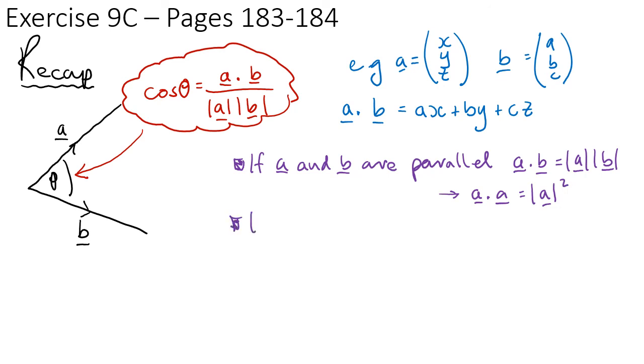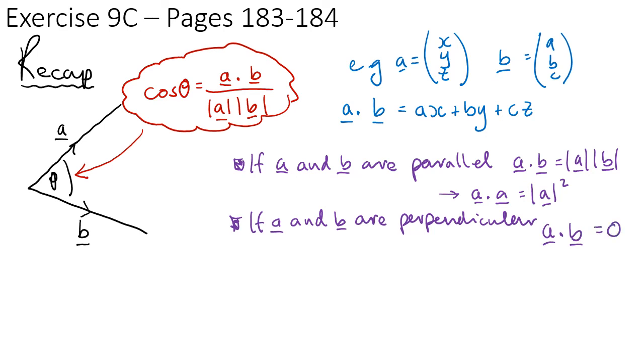If A and B are perpendicular, then A dot B equals 0. And then we looked at some stuff with unit vectors as well, these unit vectors i, j, and k.